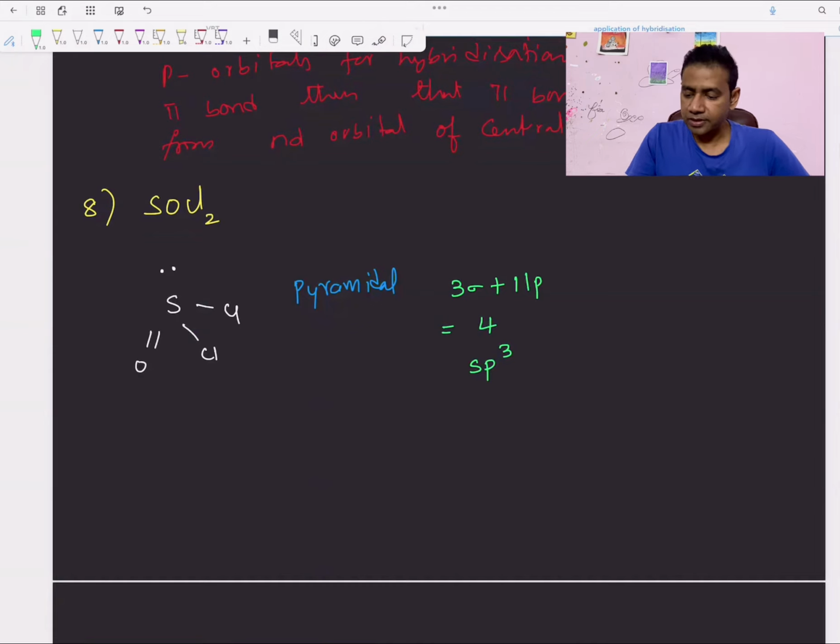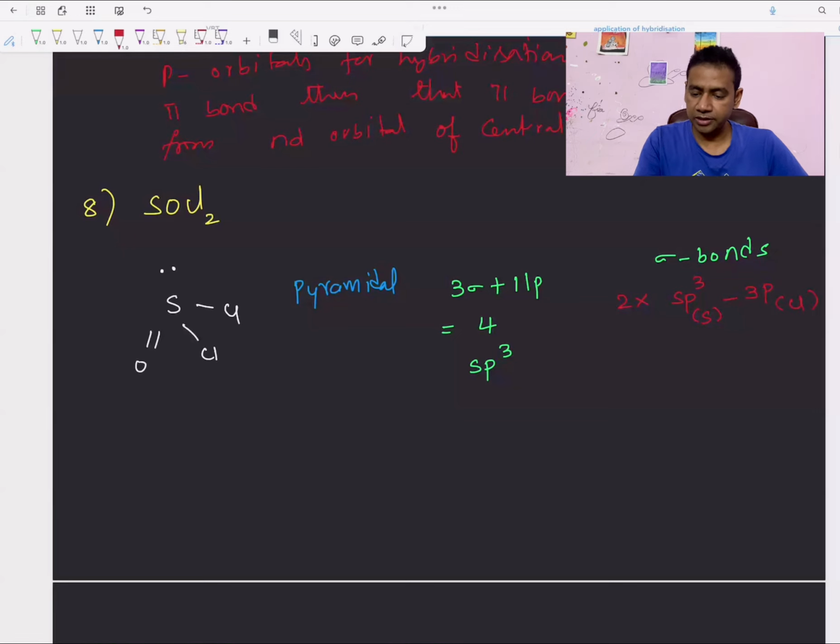Now I am directly predicting how the sigma bonds are formed. There are two sigma bonds formed from the sp3 hybrid orbital of sulfur overlapping with the 3p orbital of chlorine.